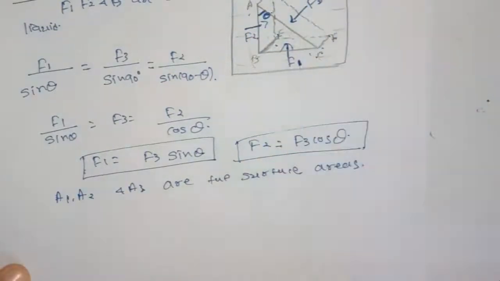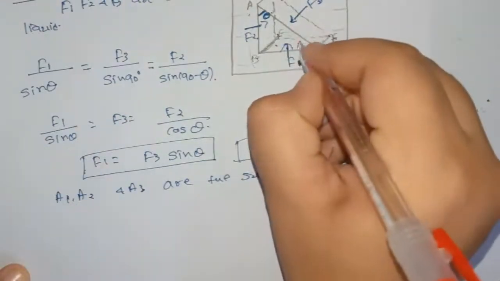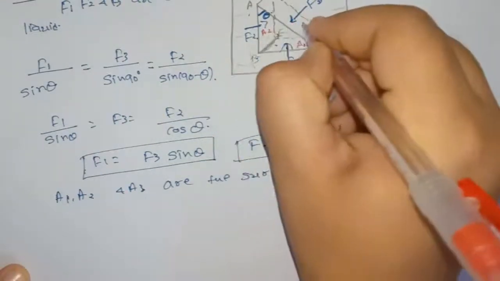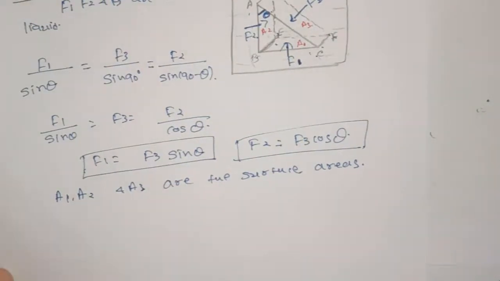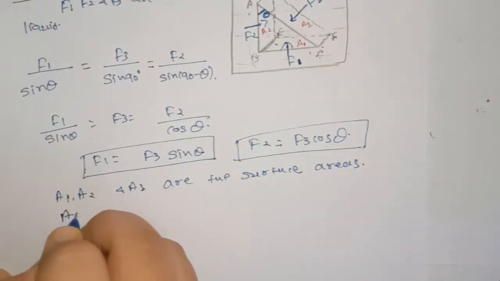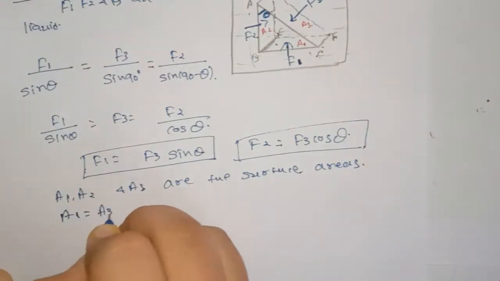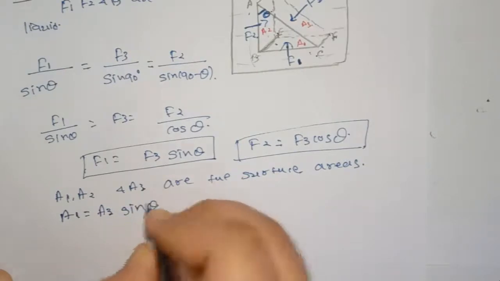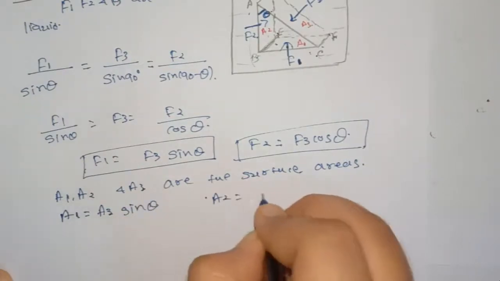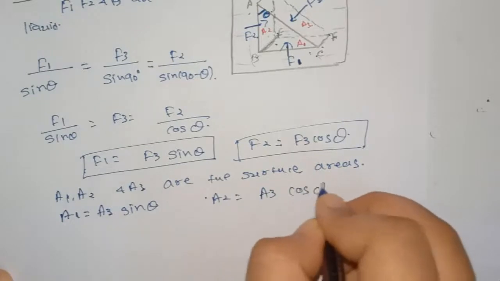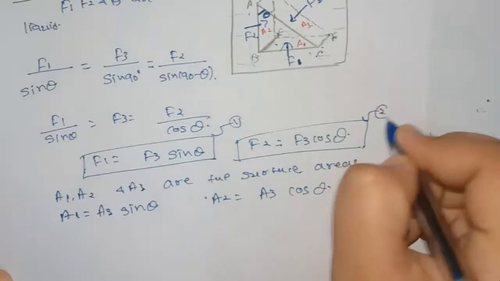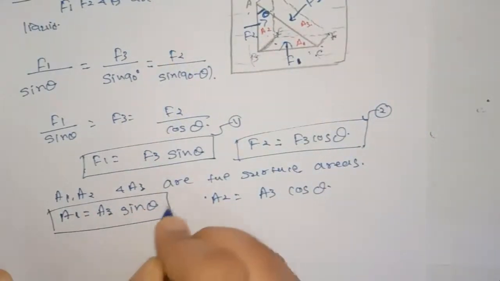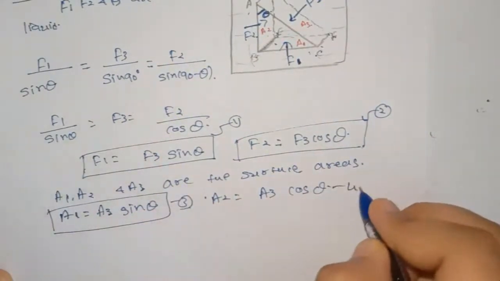That means this area is A1, this area is A2 and this area is A3. Then we can write that A1 is equals to A3 sine theta and A2 is equals to A3 cos theta. Let's say this is equation 1, this is 2, this is 3 and this is 4.